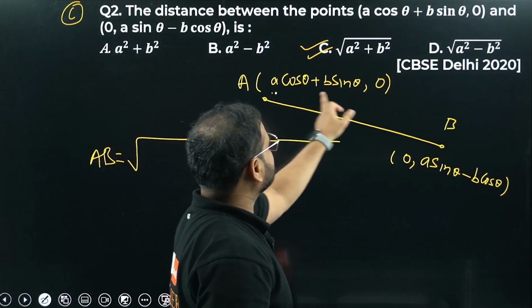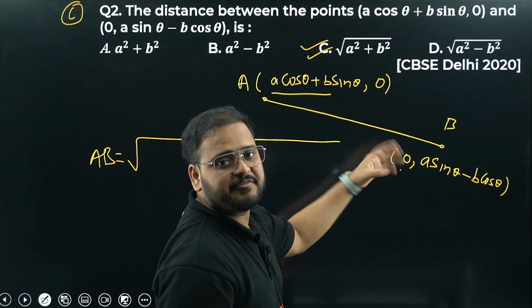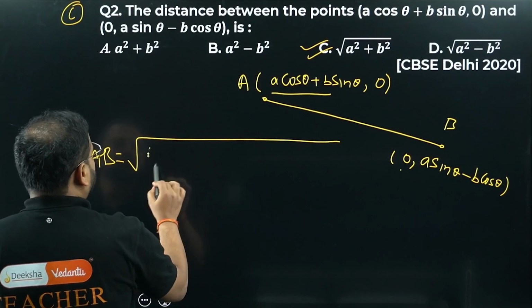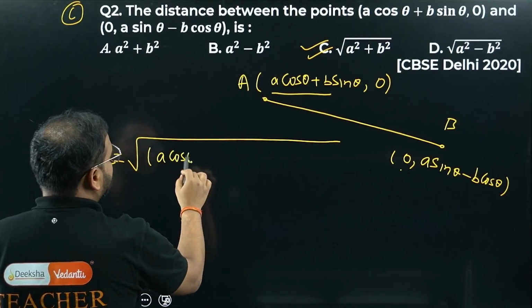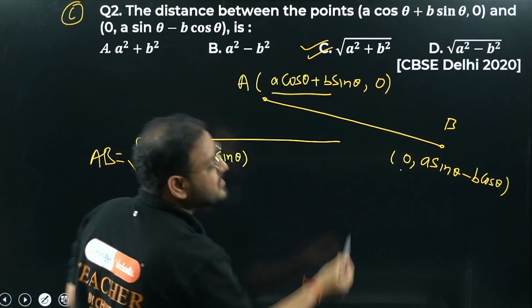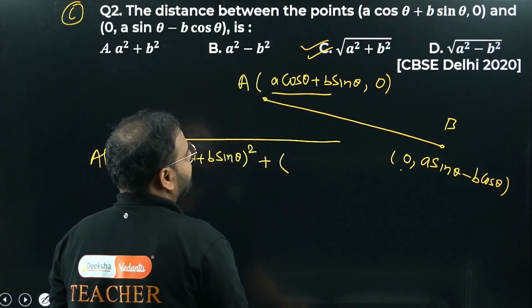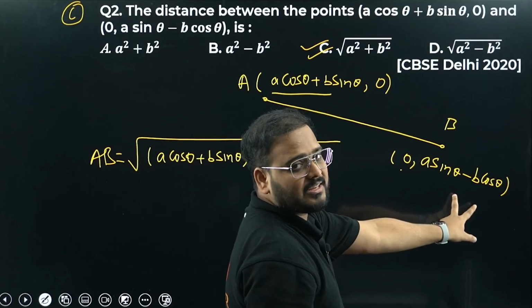Check here. This value minus 0, right? The X coordinates difference, the square, right? What is that? A cos theta plus B sin theta minus 0. I don't have to write that. The whole square, plus in the same way this minus this, the whole thing.